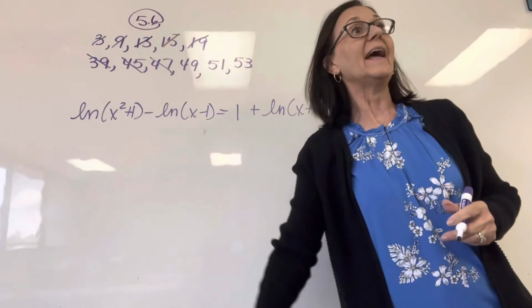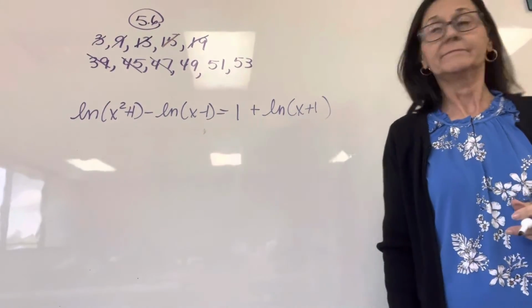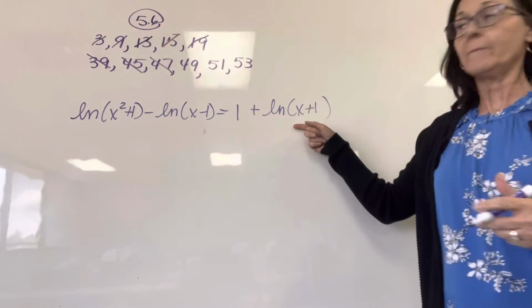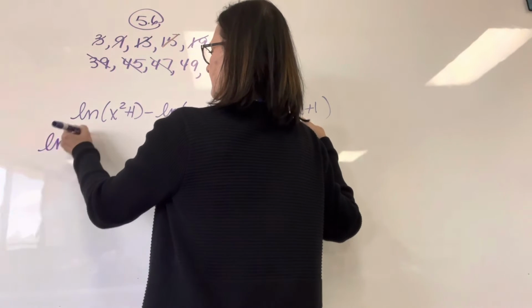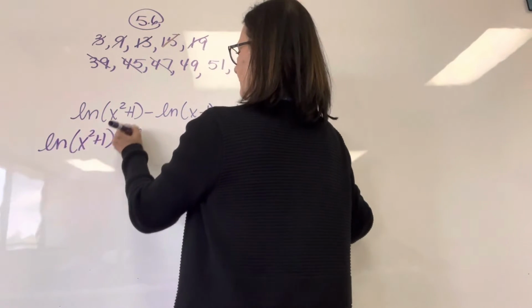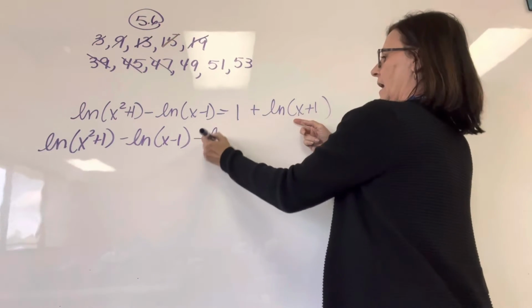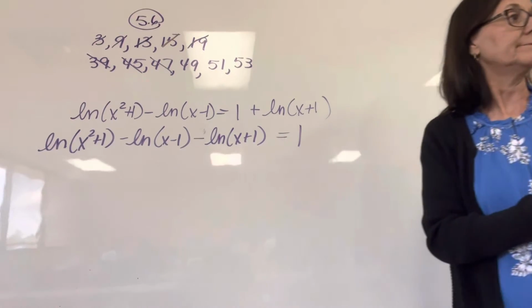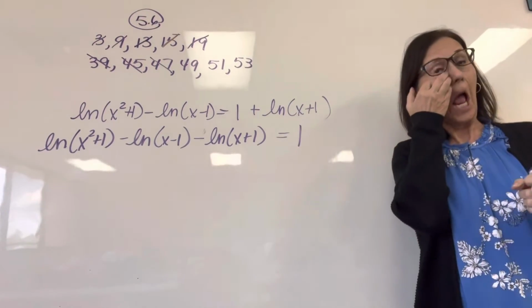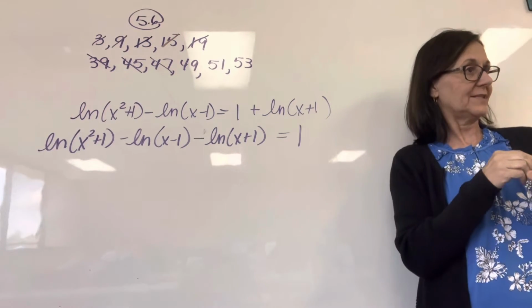Move all my LNs to one side of the equal sign and keep my constant here. So I'm going to subtract this on both sides and leave it equal to 1. Make sense? Then what do we do?